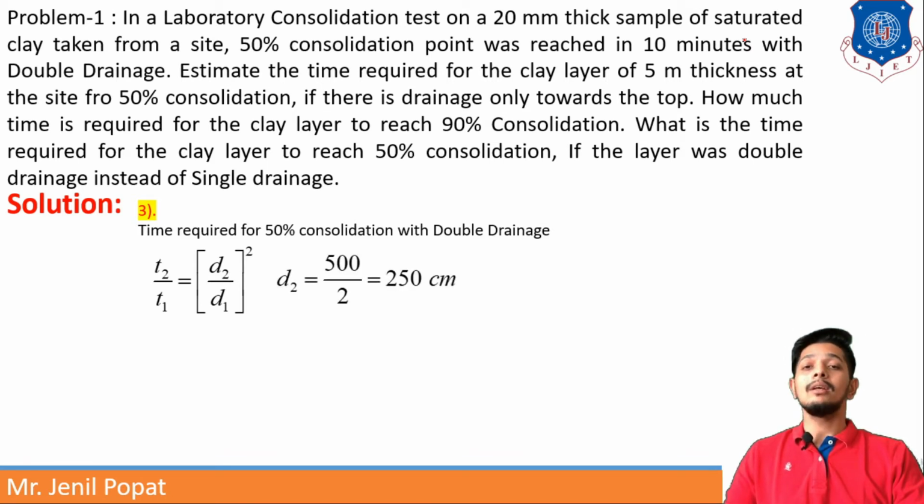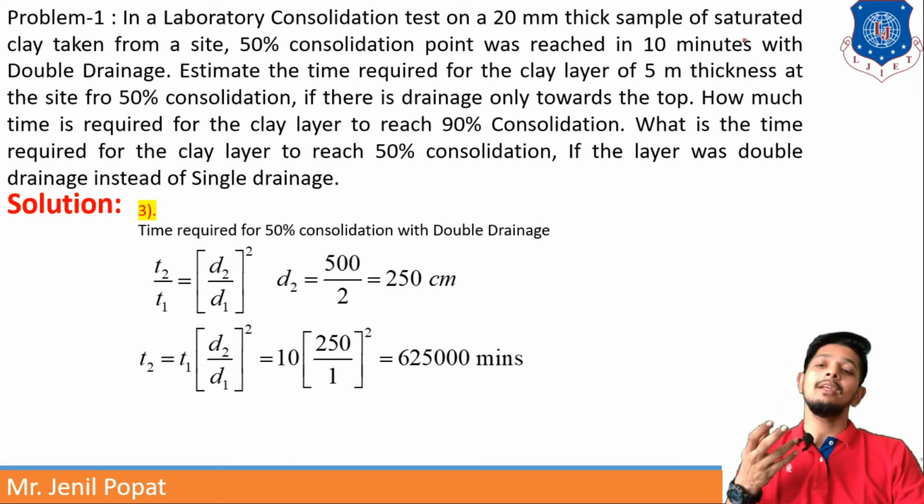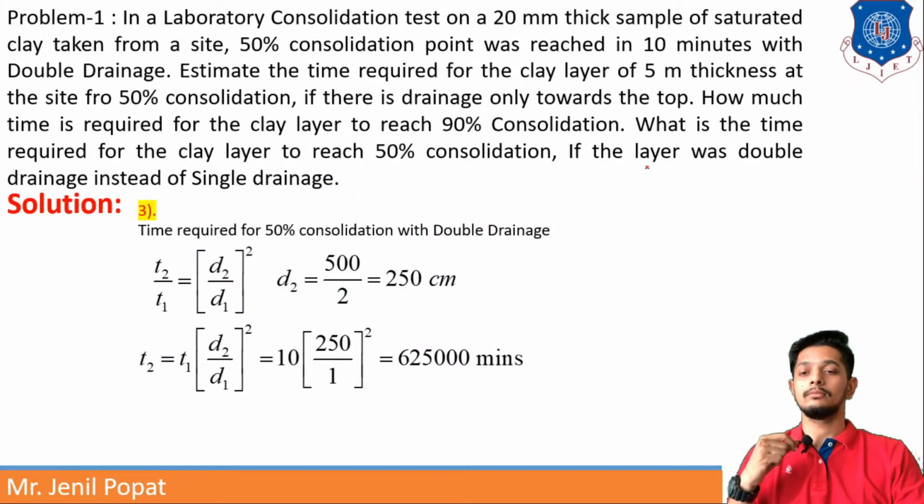But here D2 should be taken as 500 by 2 because of double drainage, so D2 will be 250 centimeters. Now I have T1 as 10 minutes, D2 as 250 and D1 as 1 centimeter. Putting all the values, I get T2 as 625,000 minutes, that is 6 lakh 25,000 minutes.